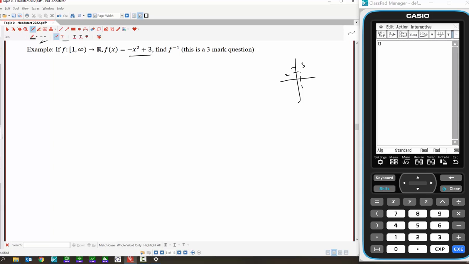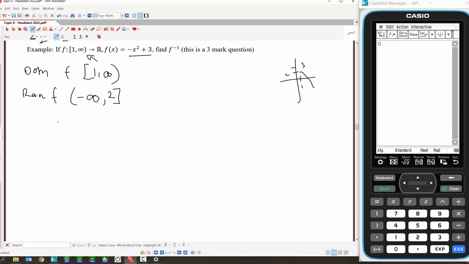Okay, so there's 2. So it's going to go like that. Now, that graph there, whilst not necessary, is important because we can say our domain is just 1 to positive infinity. There it is there. And our range is going to be, so we can see here it starts at negative infinity and goes all the way up to and including 2.